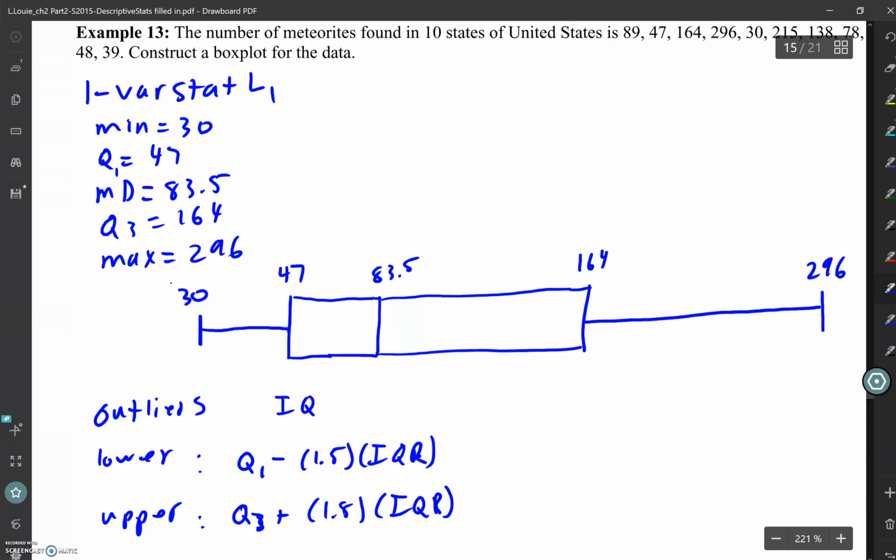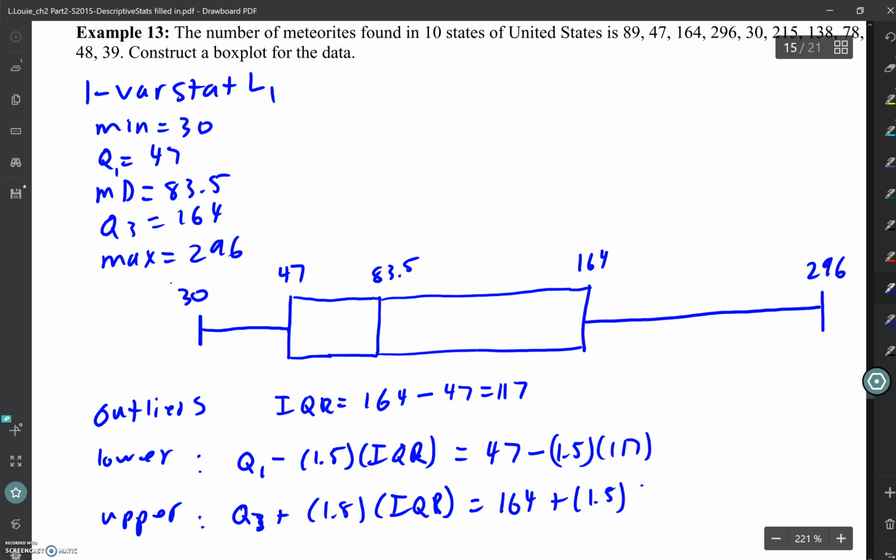And our IQR in this case is equal to what? Well, 164 minus 47, so 117. And then let's figure out what those fences are. So 47 minus 1.5 times 117, and 164 plus 1.5 times 117.